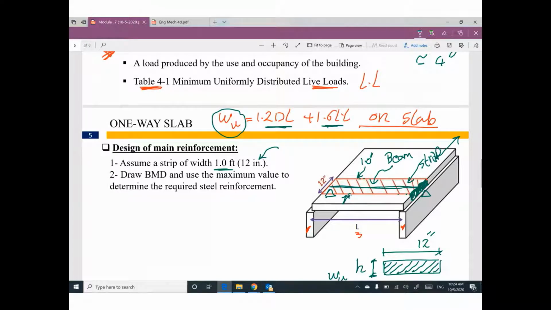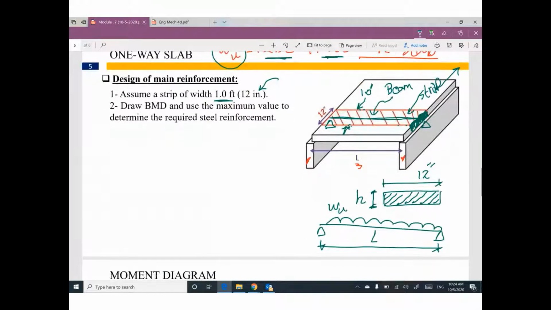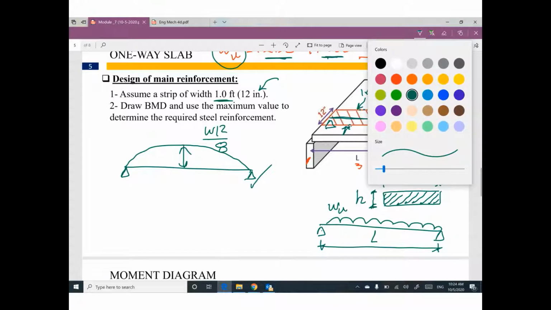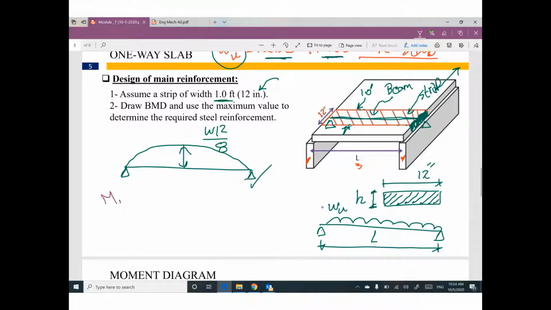So we have a beam with uniformly distributed load, and this beam is simply supported. Your moment will be a parabola, W L square divide 8. If you are able to figure out the value of moment, you are done with your design. M ultimate divide phi B D square.